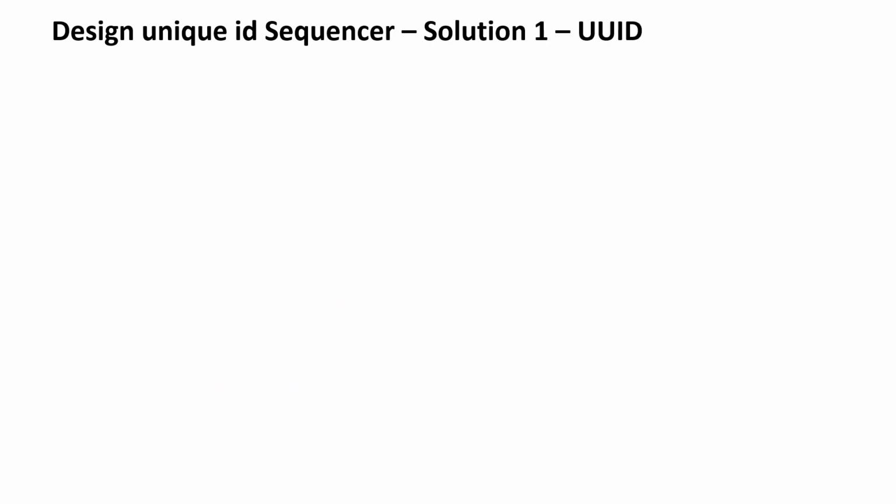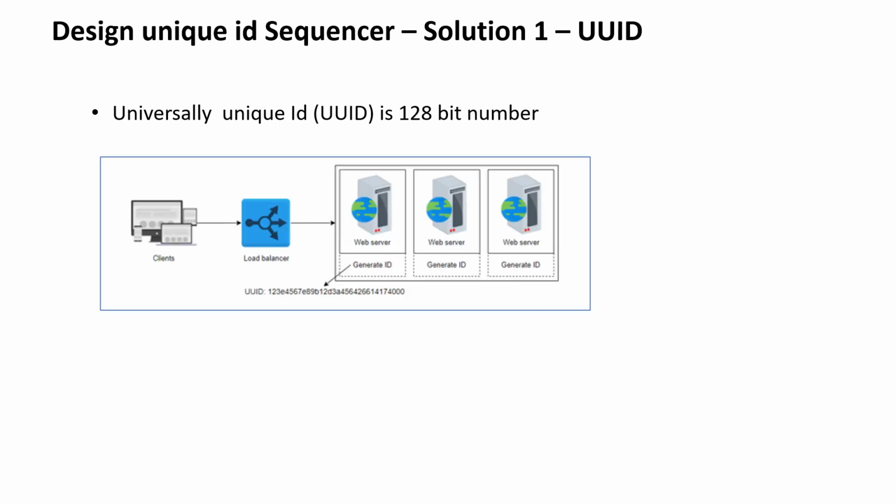So the first solution is basically to use UUIDs, that is, universally unique IDs, right? It is a 128-bit number that can be generated by every web server. So you can see here that we have clients generating many events, and because the system is distributed, every web server is generating its own unique IDs.